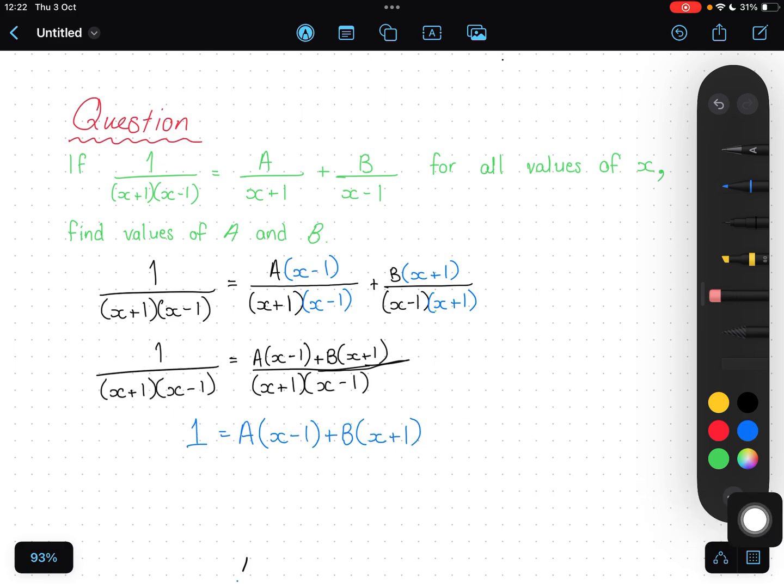Okay, so now when we look at this, we have an equation with a and b. Usually we can't find two unknowns with just one equation. But, and this is the key part in algebraic identities, it says that this is the case for all values of x.